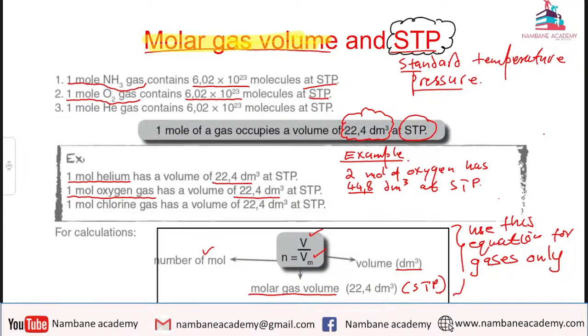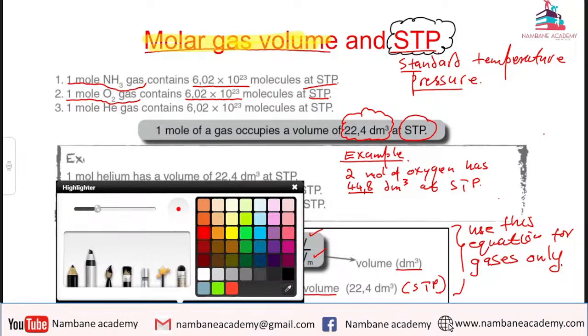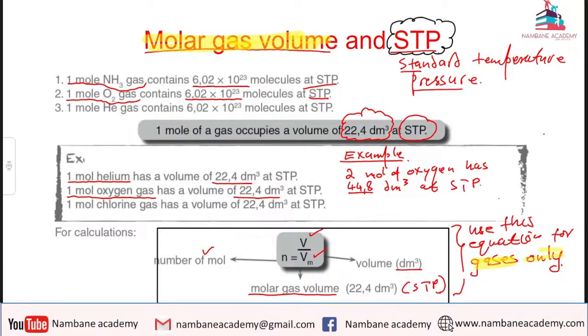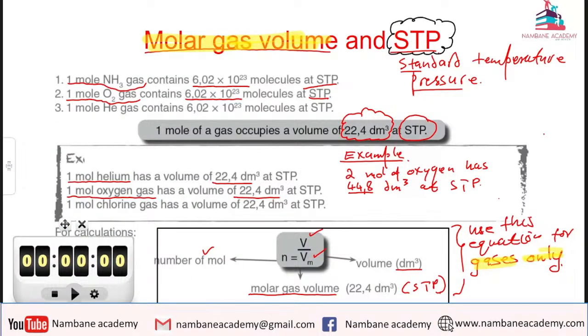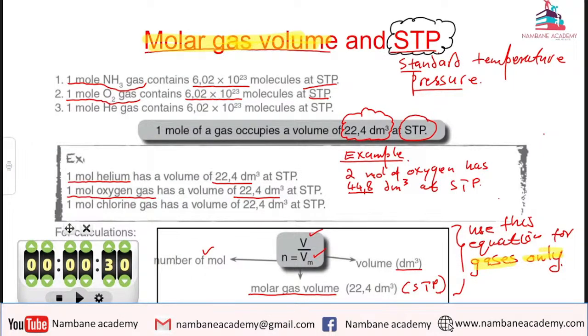It's very, very important. So let's highlight that for us to be able to remember that it is only for gases. So we have introduced equation number 3, which is n is equal to V over Vm, and that has been explained in detail. Let me give you 30 seconds to digest everything here.